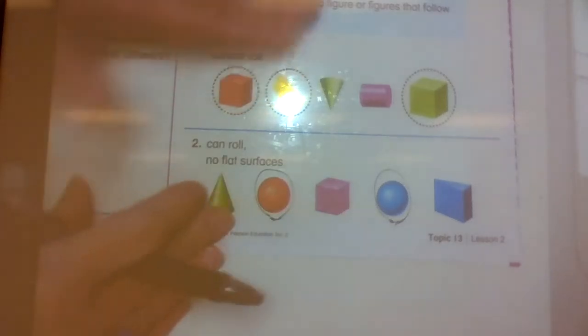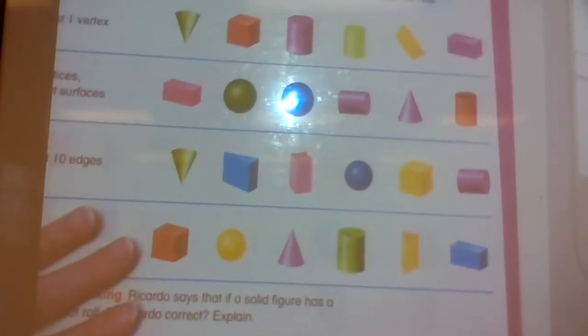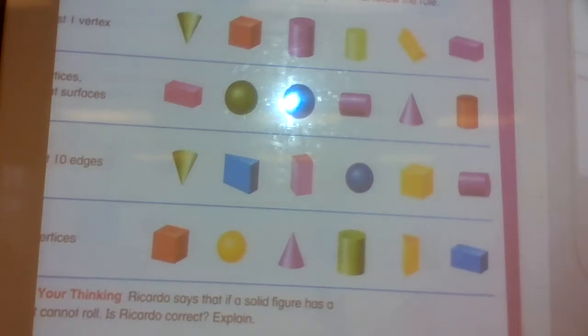All right, look across the page over at page 642. Let me get this where you can see it. All right, it says read the sorting rule, circle the solid figure or figures. Okay, it has at least one vertex. A vertex is a corner.